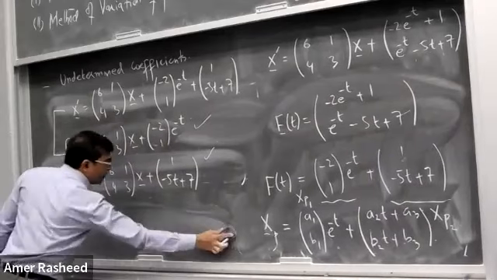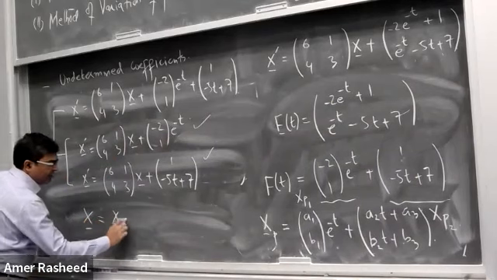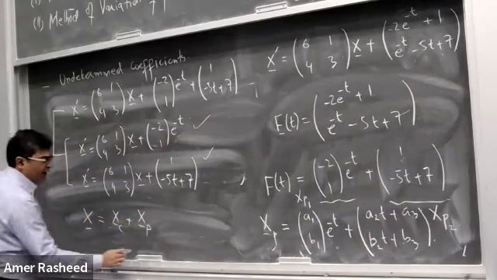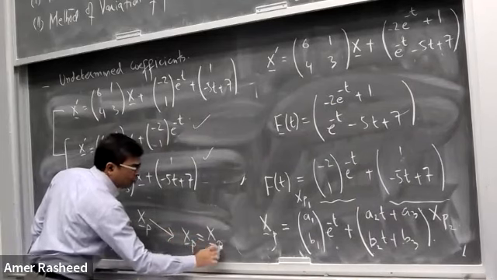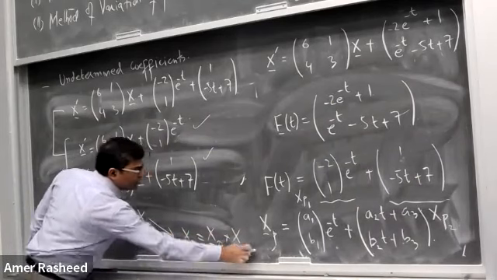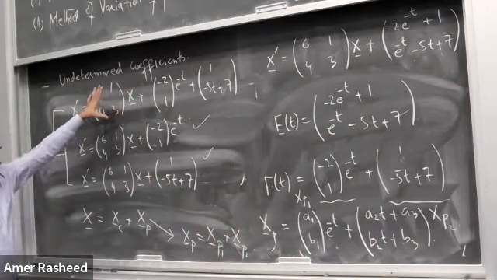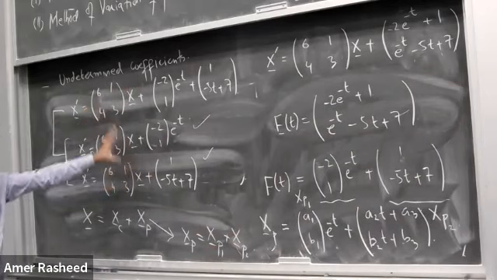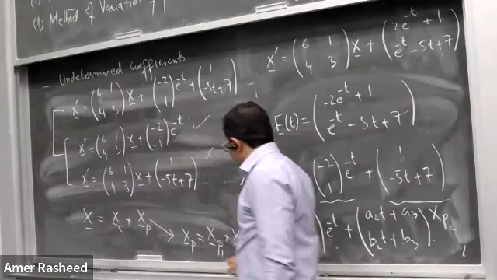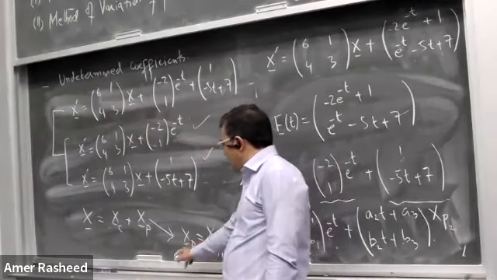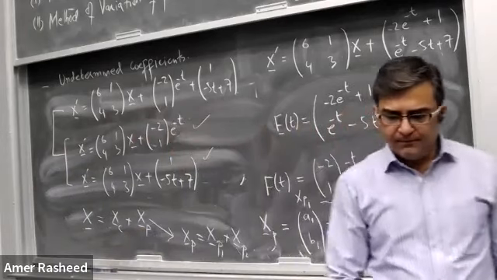And then you can have the general solution x, which is xc, the complementary solution, plus xp, where xp is the sum of xp1 plus xp2. So you can split this general system into two subsystems, solve them separately, and then by using the principle of superposition, write the sum of the two xp's. You get the xp, and then you insert it here in order to get the general solution.